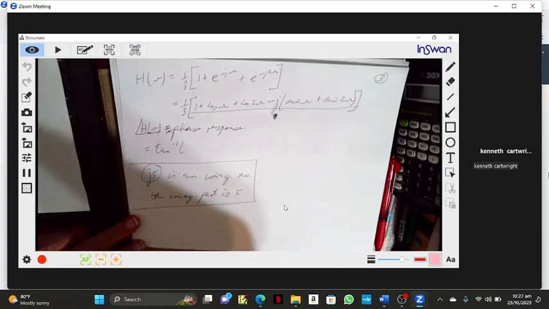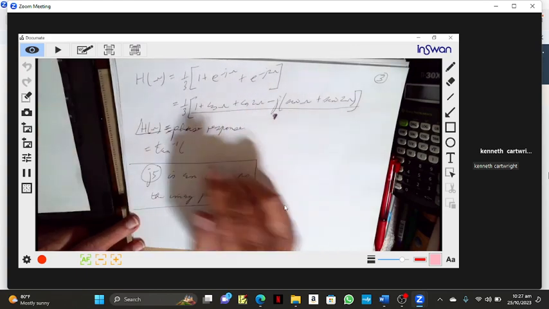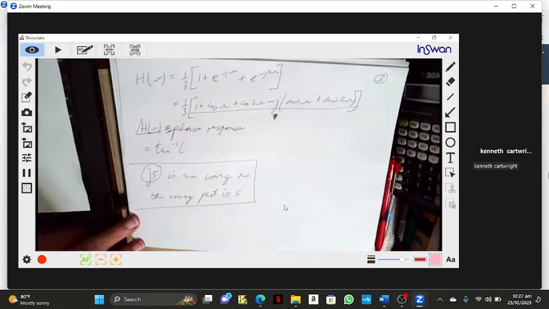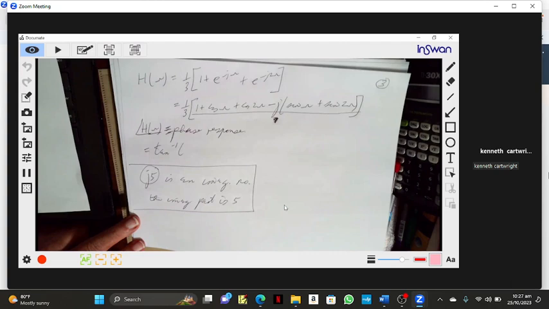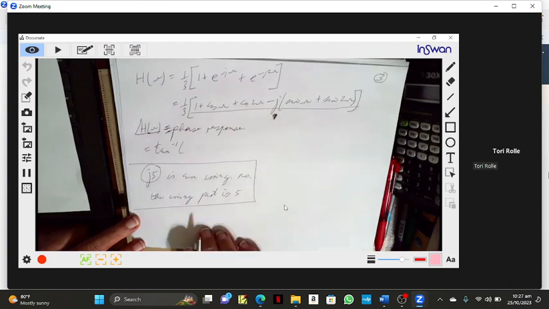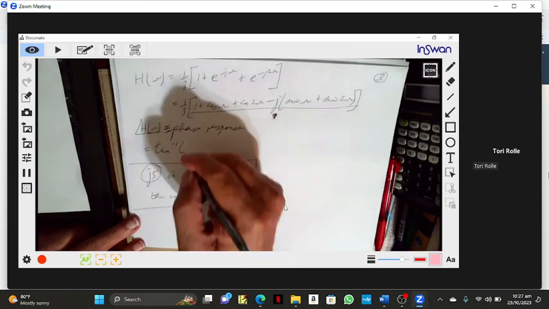What's the imaginary part of this complex number? Sine omega plus 2 sine omega. No, the negative sine omega, plus negative 2 sine omega. Yes.